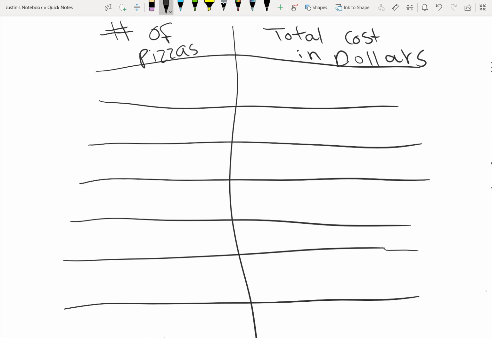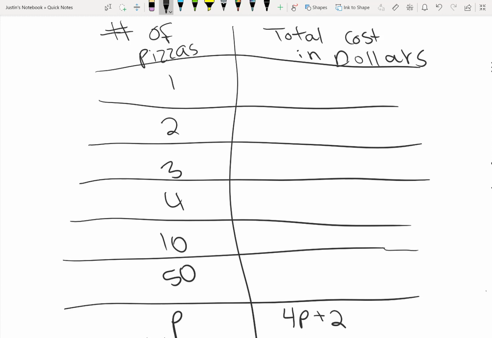Alright, and this says 1 pizza, 2, 3, 4, 10, 50, and then P. And for P, we already had that variable and what the expression is, which was 4P. We multiply pizzas times 4, what it costs, plus 2 for the delivery fee.